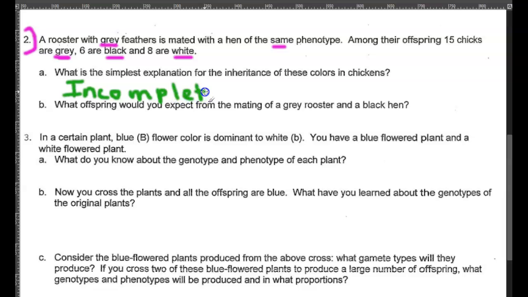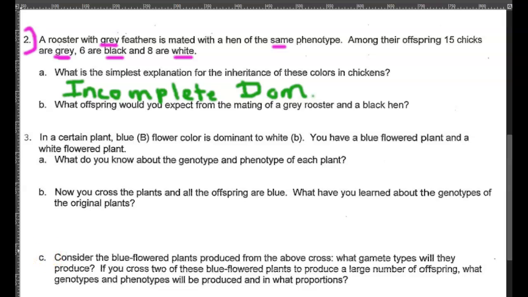Like blue and red, and you get purple. So if I made it purples, I would get purple, red, and blue. Okay, so make sure you know how you figured out that this was incomplete dominance.